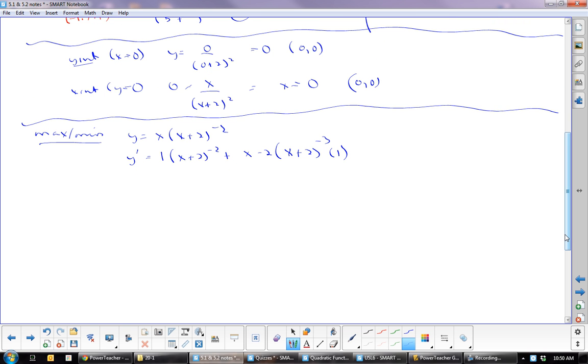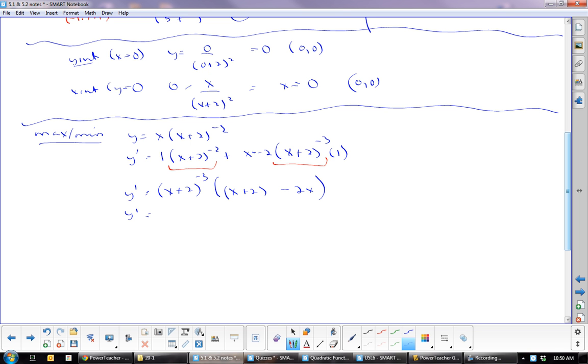Okay, so what do I got here? And that's why actually the quotient rule is nicer, because you don't have to go through this. But you can see I have a common factor here that I can take out. So I will take out x plus 2 to the negative 3, which would leave me with x plus 2 and a negative 2x onto that one.